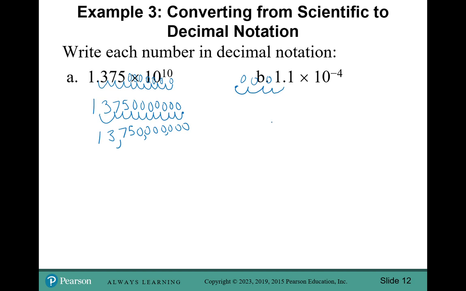So we should wind up, and I'll rewrite it just so you might can see it a little clearer. I'm going to move that decimal 1, 2, 3, 4 places to the left. Fill these empty holes with zeros. I'm looking at decimal 0, 0, 0, 1, 1 as my solution in standard form for part B.